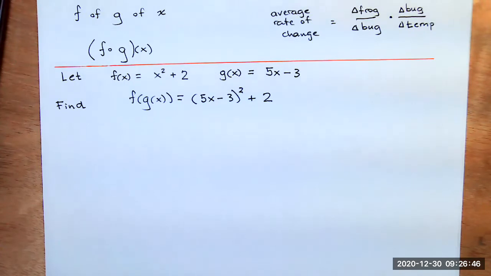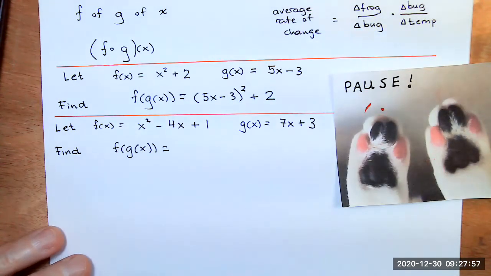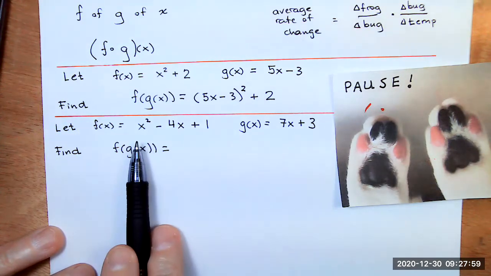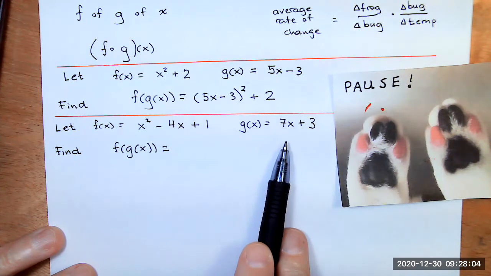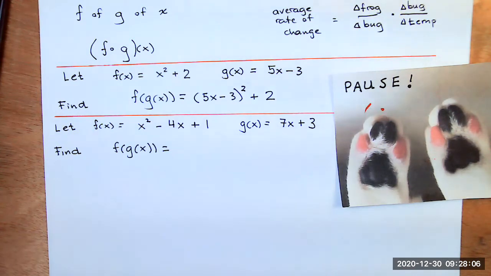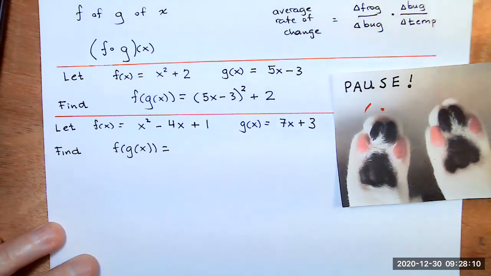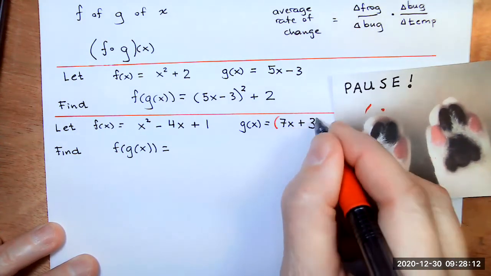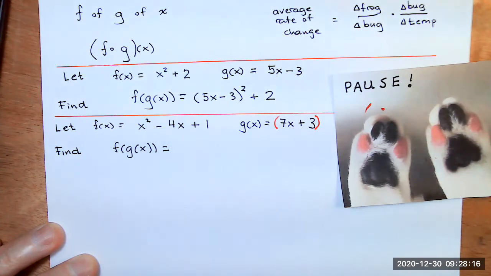Let's try another. All right, let f of x be x squared minus 4x plus 1, and g of x is 7x plus 3. Can you find f of g of x? So you're just going to put 7x plus 3 wherever you see an x.